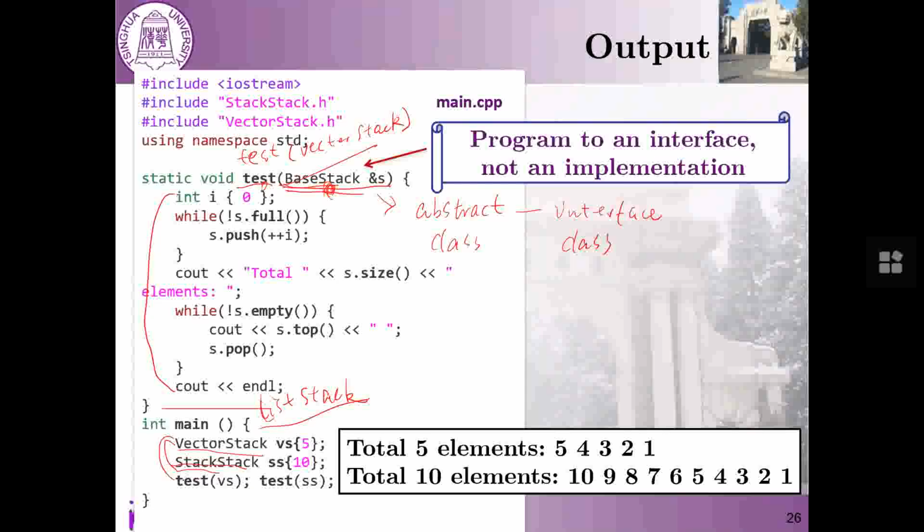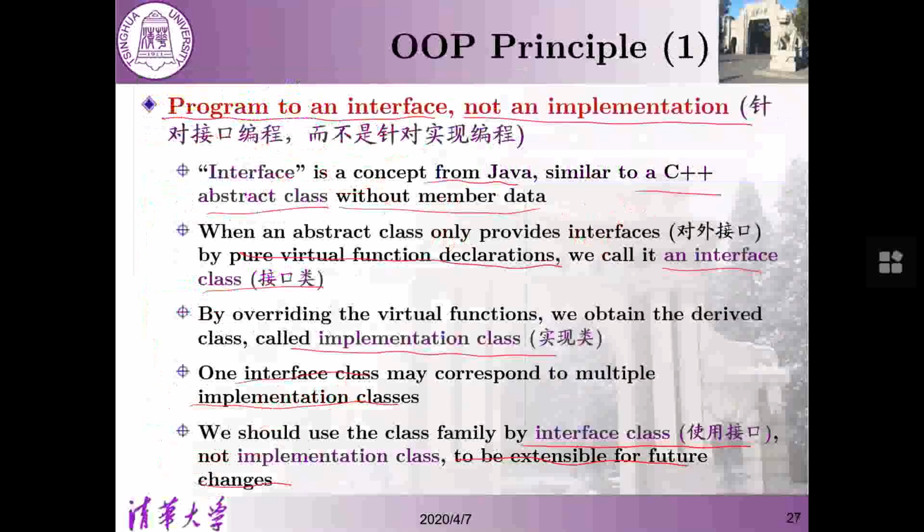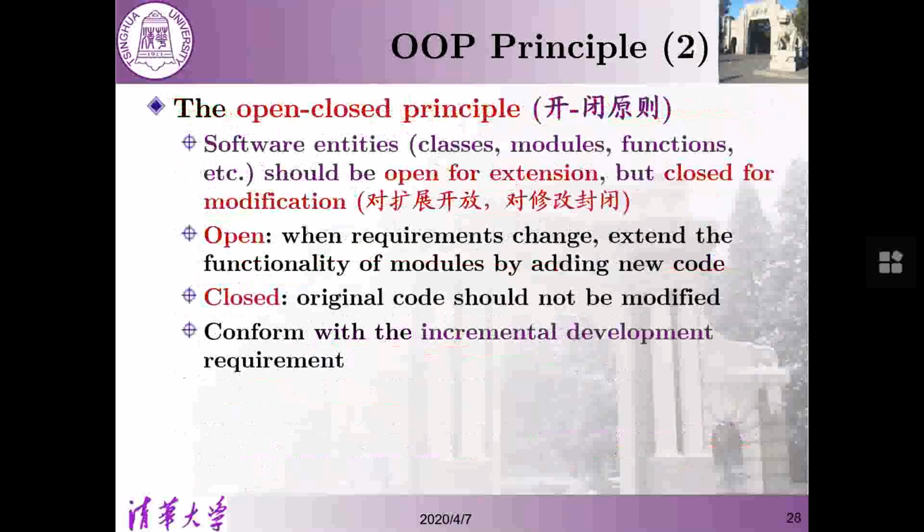Then we just test it directly. We do not need to modify this test function, right? No need to do that. So this is the merit, the benefit of accessing the interface class. Programming to an interface is the number one OOP design principle we should follow, memorize, and use.